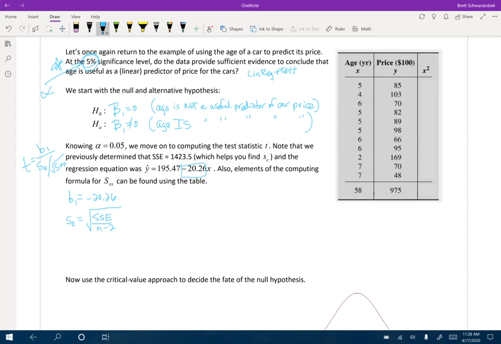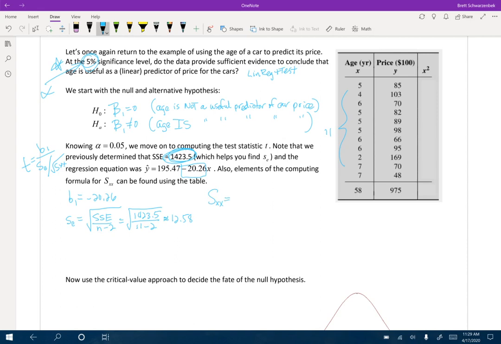Since we have it, and in a lot of cases they are going to give it to you, we're going to use it. So n minus 2, remember there's 11 cars, so 11 minus 2 is going to give you approximately 12.58. The only thing left to do is to find this SXX business.